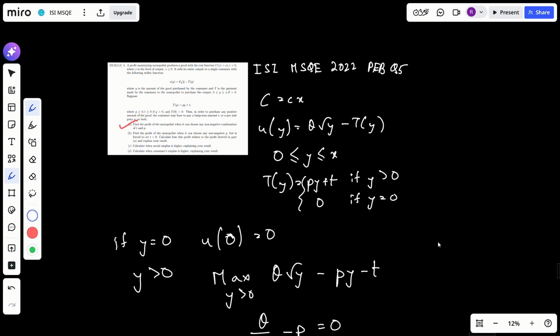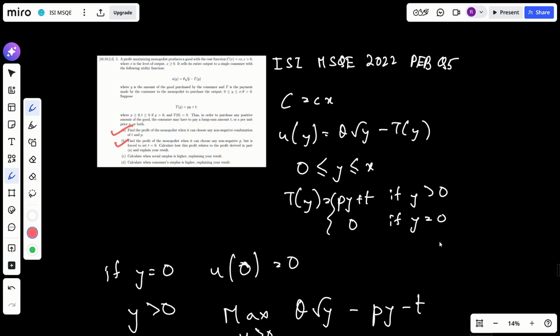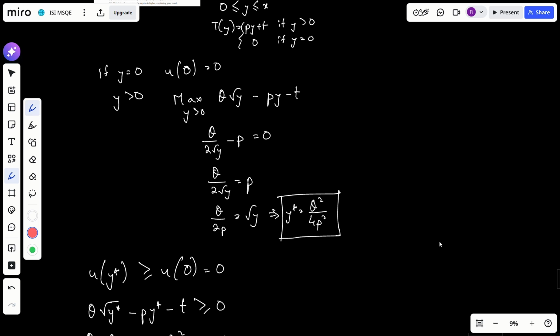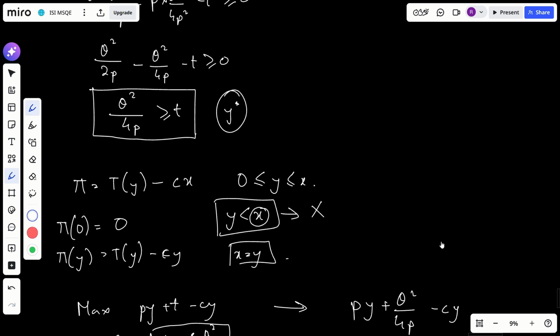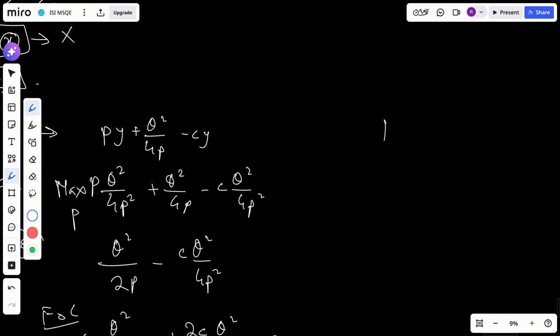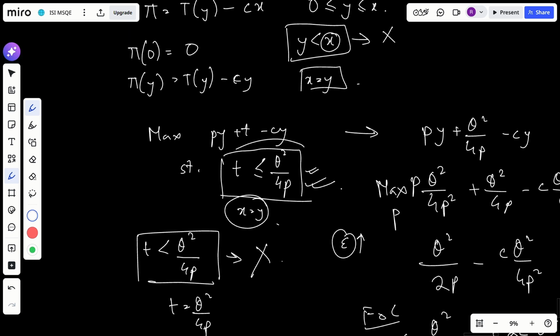Now for part B, we need to find out the profit when t is set to be equal to 0. Let's write this here. So this is part B. Since we know that t is equal to 0, automatically this condition will hold.